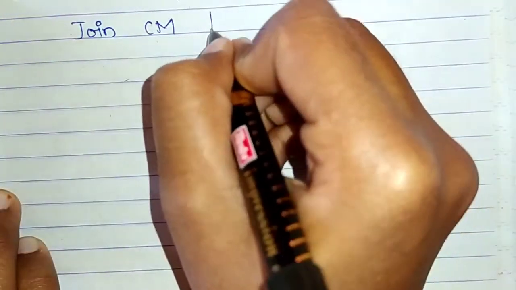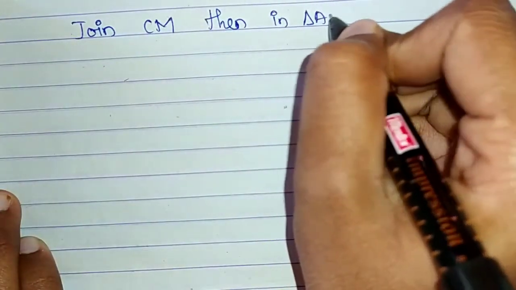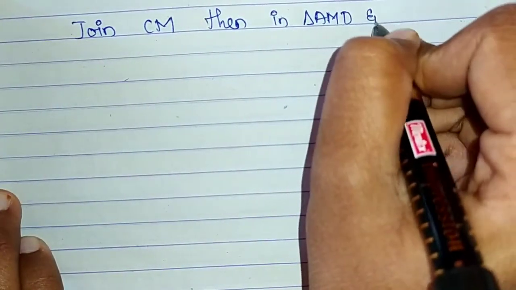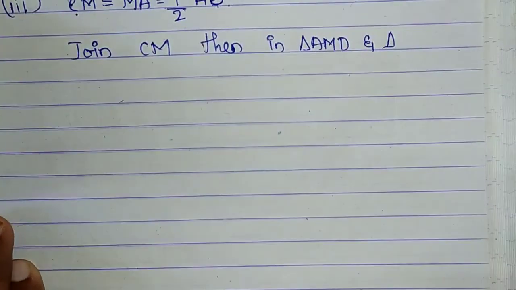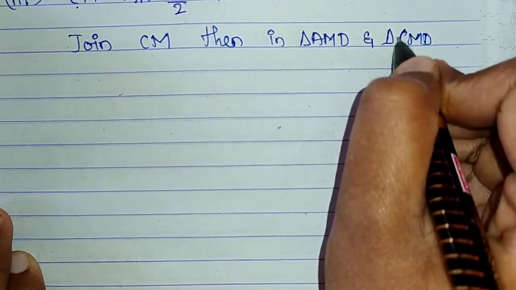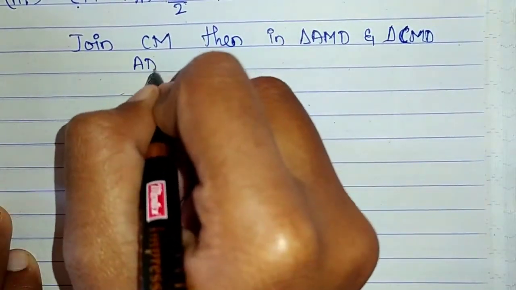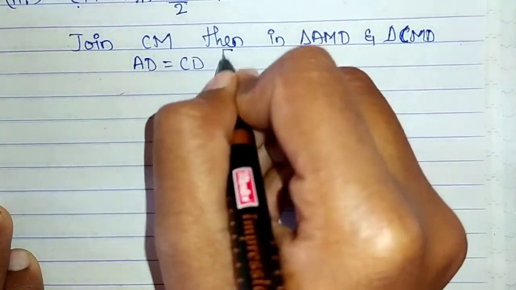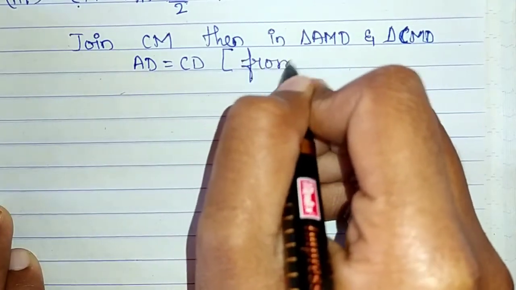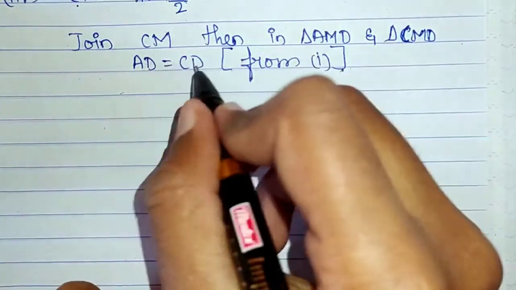So join CM. Then in triangle AMD and triangle CMD, AD is equal to CD from result 1. From result 1, we proved that D is the midpoint of side AC.